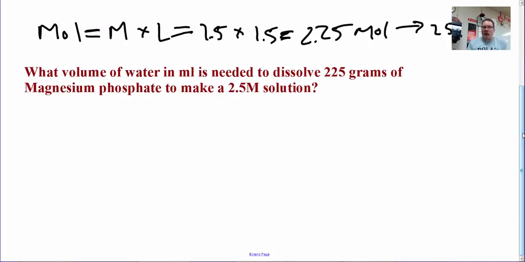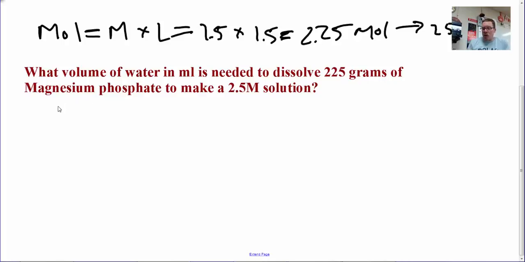Okay. Our last problem here is what volume of water in milliliters is needed to dissolve 225 grams. So in this case, it's another permutation of the formula. I want to know how much water I need in order to dissolve 225 grams of magnesium phosphate, and I want to make a 2.5 molar solution. That's my concentration, 2.5 moles per liter.